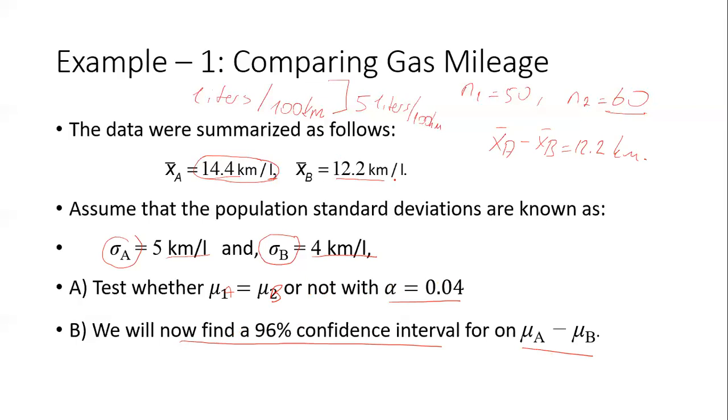Well, let me ask you something. It turns out that the average of A is greater than the average of B. This is not 12.2, but 2.2 kilometers per liter. So why do we need a test like this, which says mu A is equal to mu B or not?